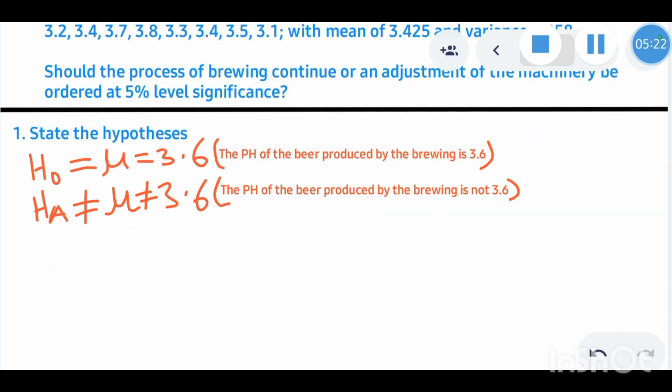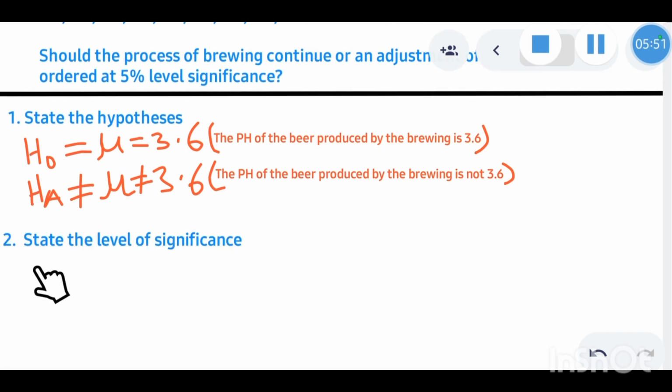So we've succeeded in stating both hypotheses. The null says that the pH of the beer produced by the brewery is 3.6, while the alternative says the pH is not 3.6. So we'll move to the next step.